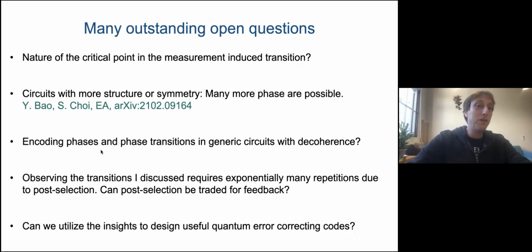Can we have encoding phases and phase transitions in the presence of some bulk decoherence? And also, could we have a version of this transition that is easier to observe experimentally and does not need much post-selection? For example, can we trade post-selection for feedback? And finally, can we utilize some of the insights gained in understanding these transitions to design better quantum error correcting codes? So this is it.